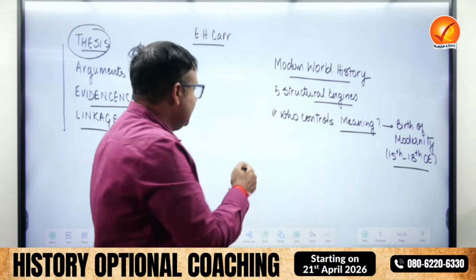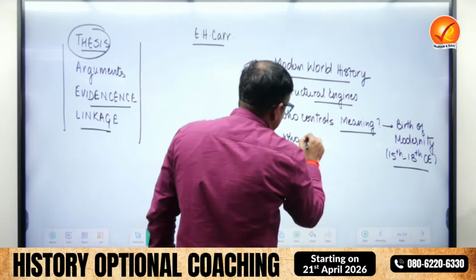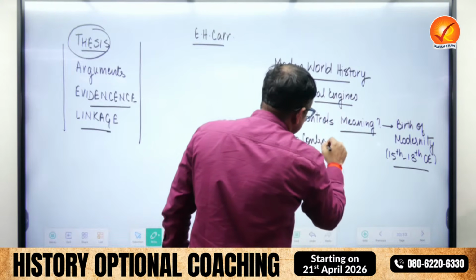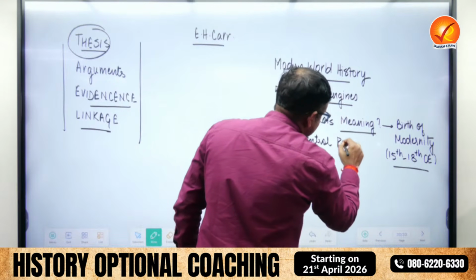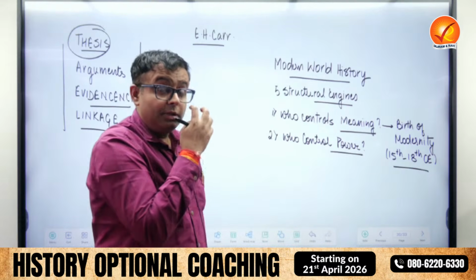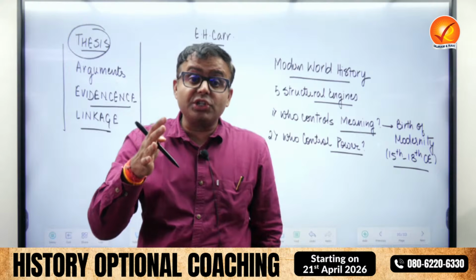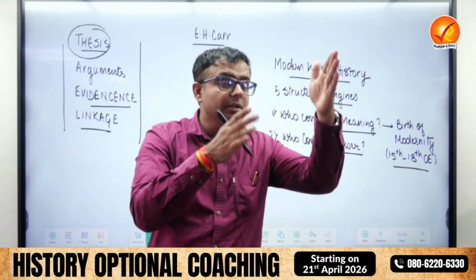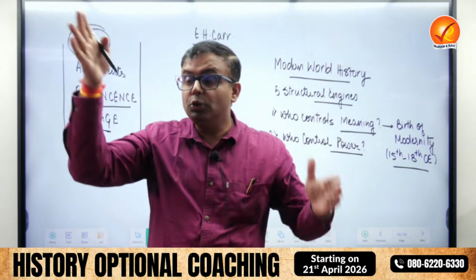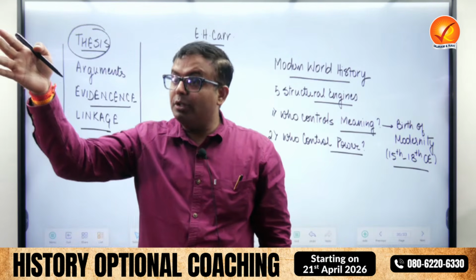Second aspect is who controls power. This was a central question. So guys, we will study the rise of political modernity, the shift in the power from king, church, feudal lord to people. People. और ये कैसे होगा?